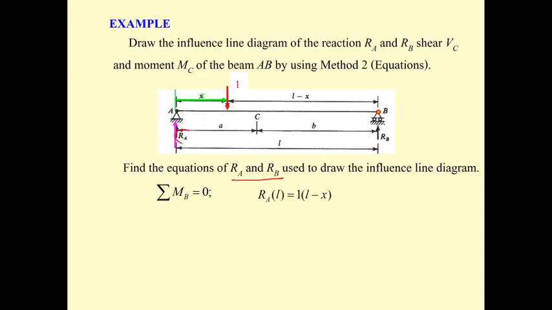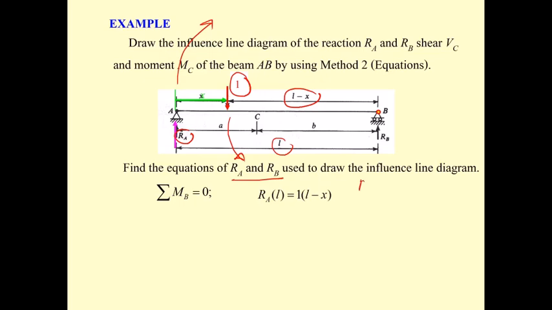And then now we have R sub A. R sub A is here. It's going to have L, and it's going to rotate in this counterclockwise direction. And then 1 times L minus x, but this time it's going to be in the opposite direction, so they are equal.